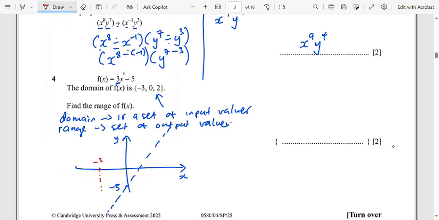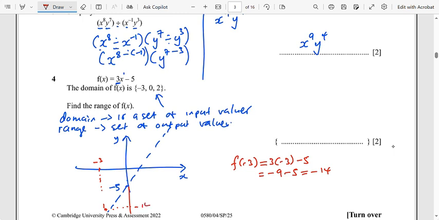So we want to see, if x is minus 3, what is the respective output value of y? So we have to substitute into the function. So we have f of negative 3 is now equal to 3 of negative 3 minus 5, which is minus 9 minus 5, which is equal to minus 14.